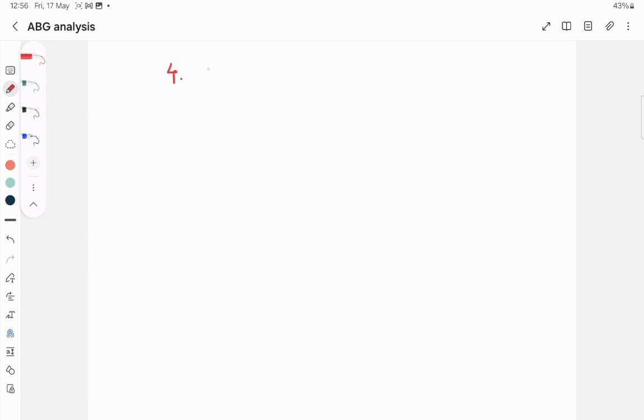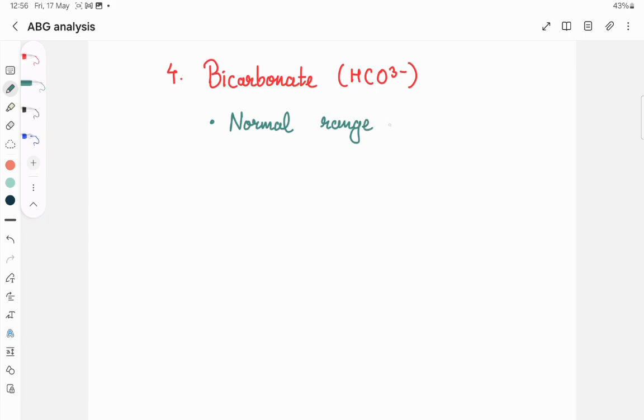The next component is bicarbonate, HCO3 negative. It's the chemical formula for bicarbonate. So what is the normal range of bicarbonate? It is 22 to 28 millimole per liter.